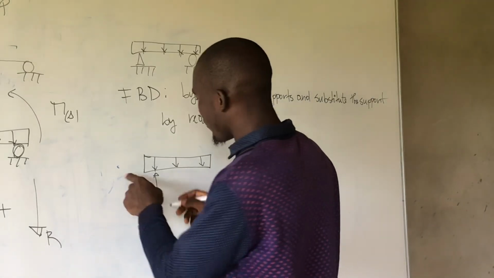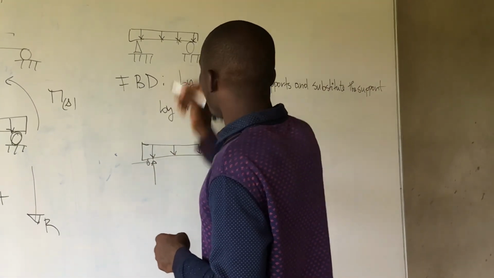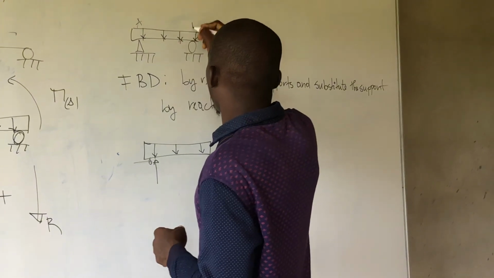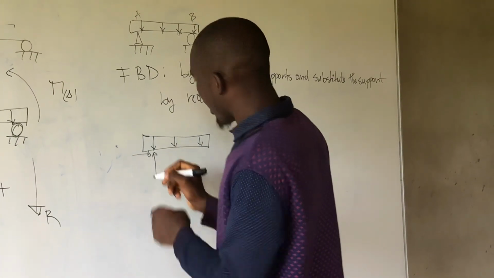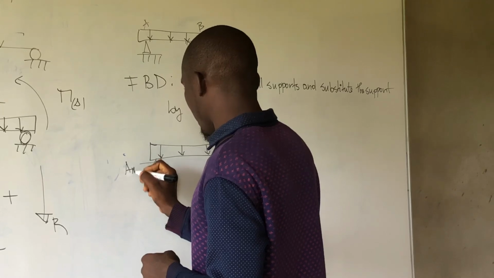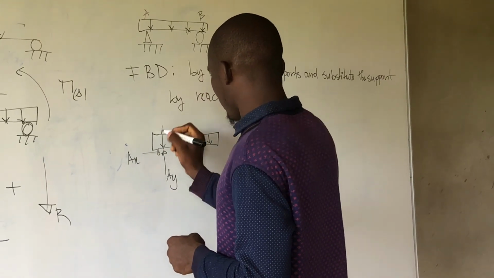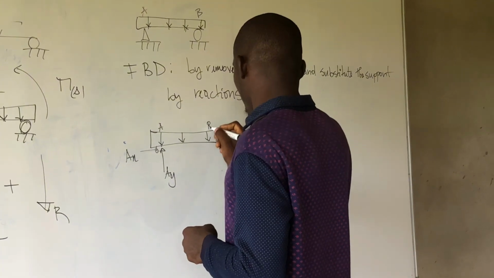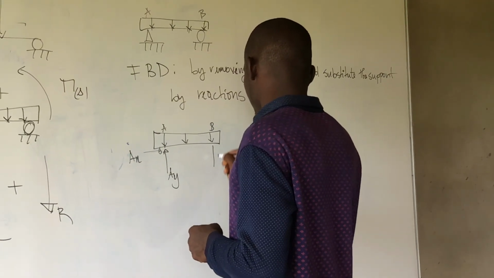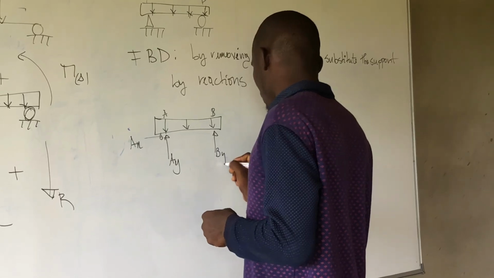So after removing the hinge support, if we call it point A here and here point B, at point A we have the reaction force along the x direction and the reaction force along the y direction. And for point B, since it's the roller support, we have the reaction force along the y direction.